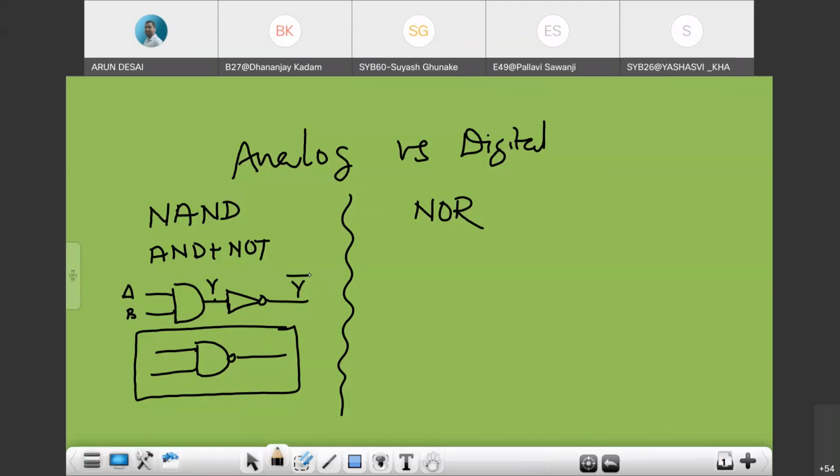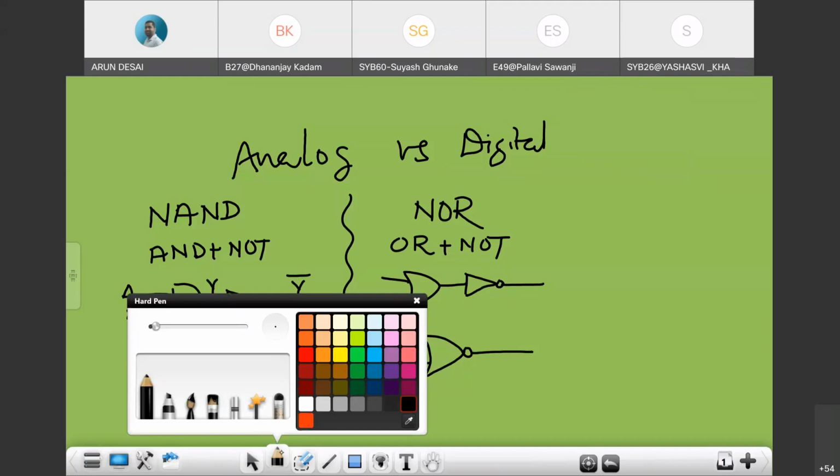Now NOR. NOR is OR plus NOT, right? Whatever output you take from OR is given to a NOT gate, and the symbol for this has a bubble at the output side.